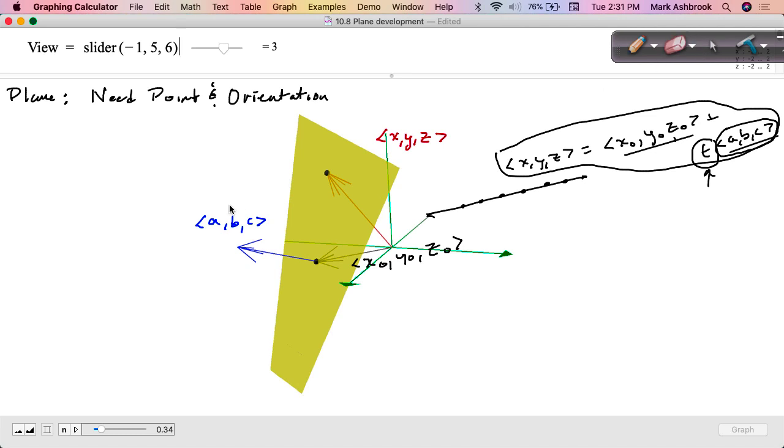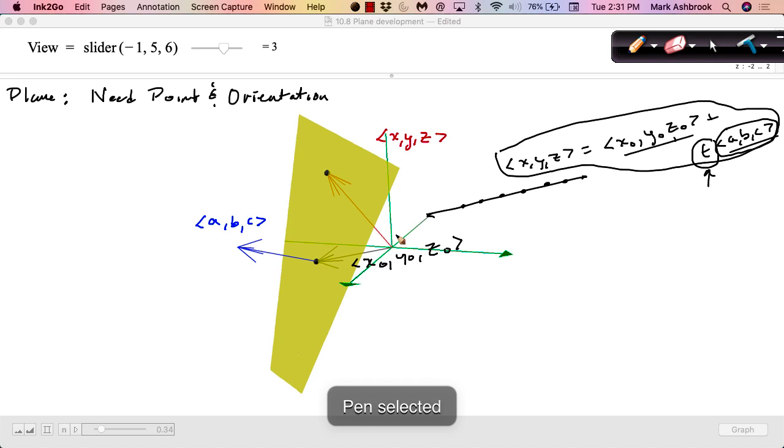So what do we know? ABC is orthogonal to what? The plane. So it would be orthogonal to every vector parallel to the plane. So we can write a vector parallel to the plane, which would be this one.